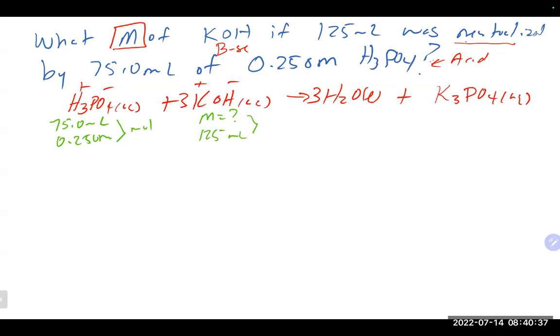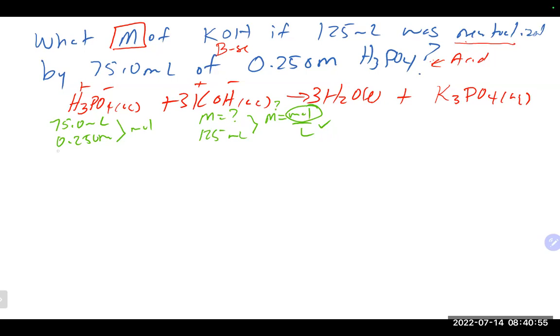So this is just, again, a basic stoichiometry type problem. The difference here is we have the volume and we are looking for the molarity. So we are going to use the stoichiometry here to figure out the moles of the KOH.